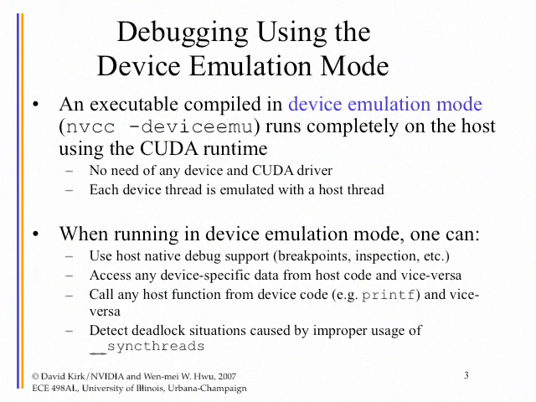There are also some subtle things. When you're running in the device emulation mode, you can use host native debug support, breakpoints, inspection, and so on, GDB, and pretty much anything you want, which is great. You can set breakpoints, you can single step.